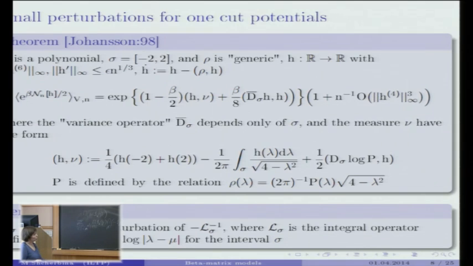This quadratic form could be written with some operator d sigma, which depends only on the interval, and doesn't depend on the potential v, so it is also universal. And here the measure nu could be found from this equation.